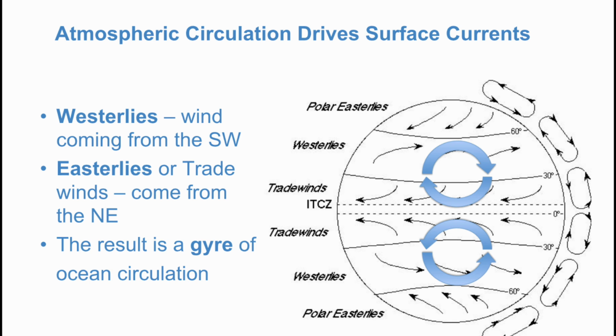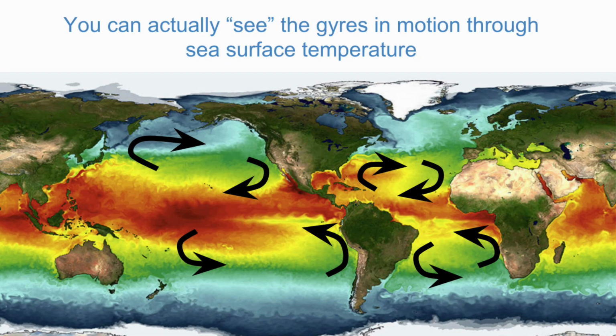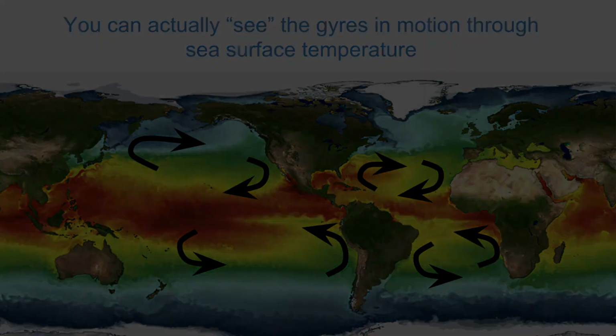So the resultant is this big circular pattern in each of the ocean basins. And you'll notice, depending on the hemisphere, that circulation is going to be in different directions. Now, when we look at large-scale global maps of sea surface temperature variation, you can actually see these gyres setting up in the different ocean basins.